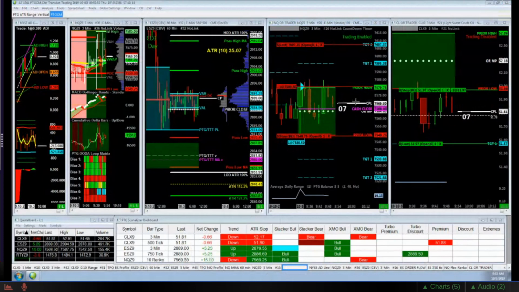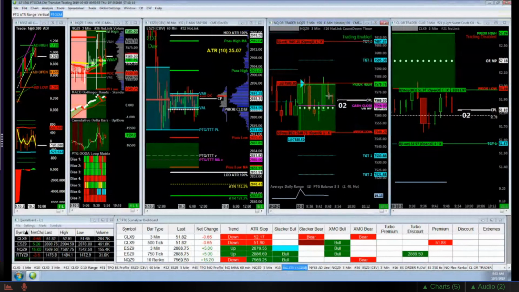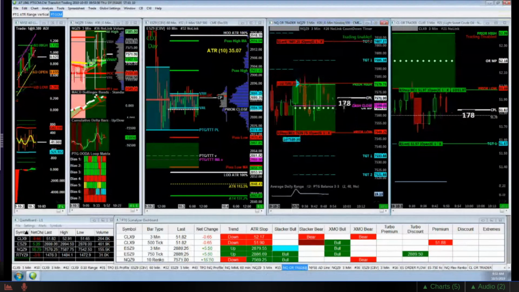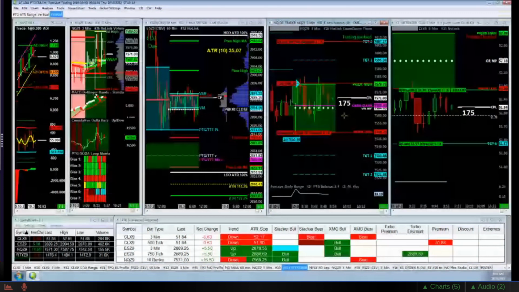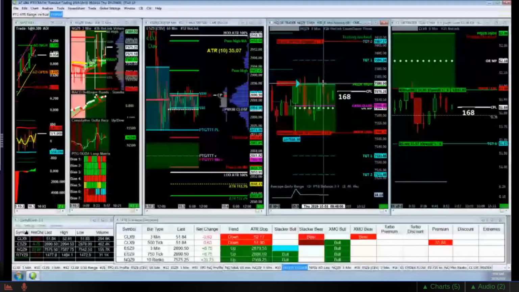Now, I am running the strategy here for our model portfolio as pure as the strategy calls, which means there was an opportunity here on the bounce back up to entry. If you felt uncomfortable being long, or you had an opportunity to scratch on the bounce and you wanted to do that, then that is your prerogative.